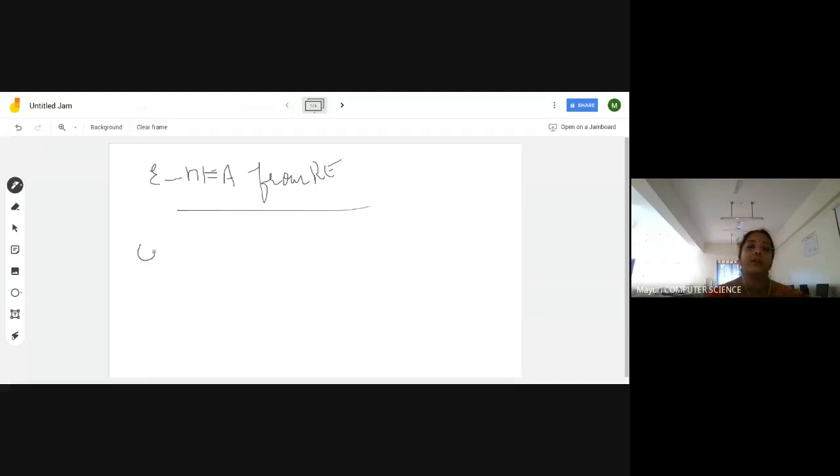Suppose we know that phi is a regular expression. Epsilon is a regular expression. A is a regular expression. B is a regular expression. A plus B is a regular expression. AB is a regular expression, right? And AB means A into B.